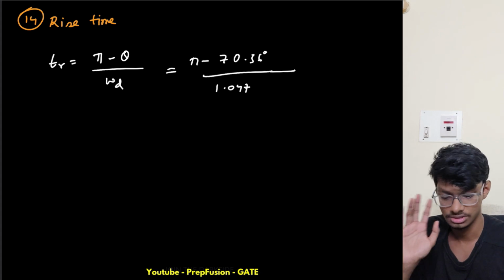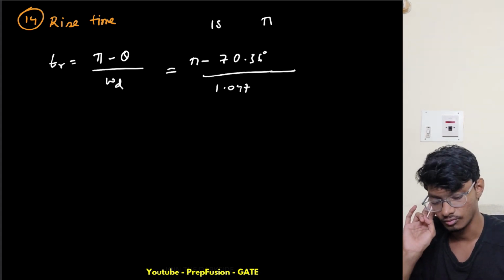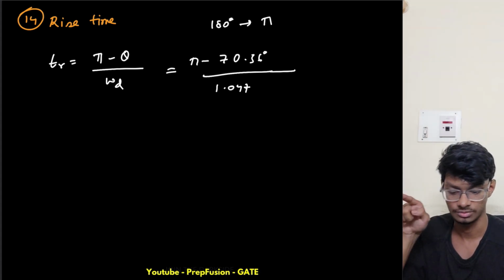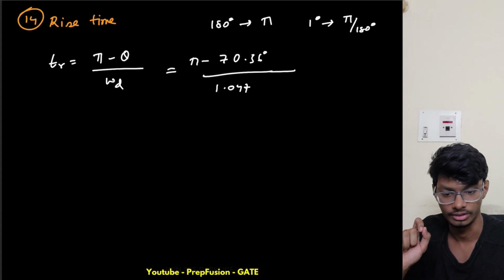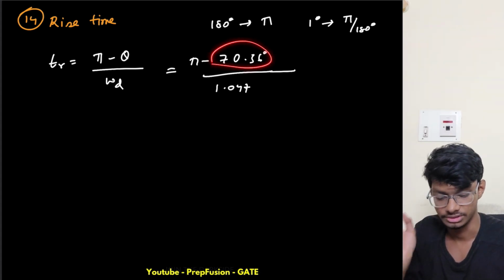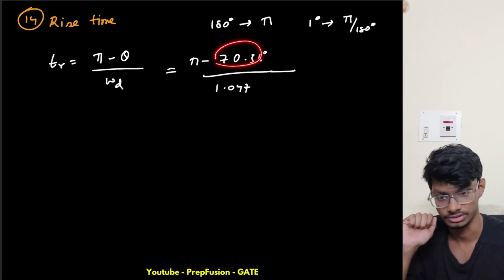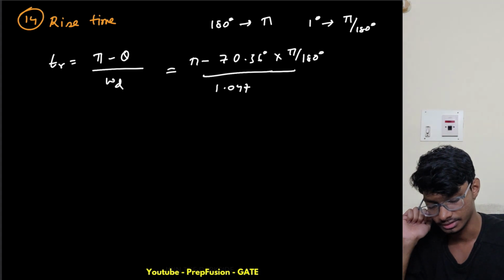If you forget how to convert degrees to radians, remember that 180 degrees equals pi radians. Half circle is 180 degrees, which equals pi. So 1 degree equals pi by 180. Now I need 70.56, so I use the scaling method and multiply by pi by 180.